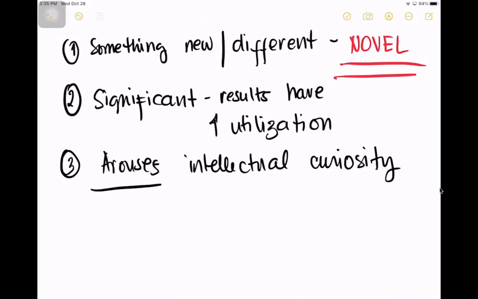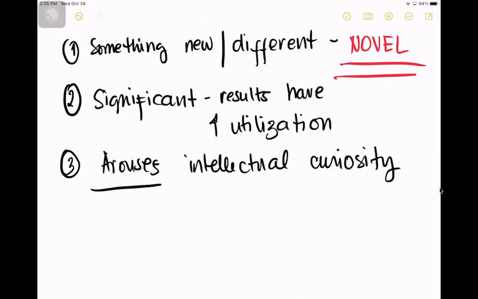But when you say it arouses your intellectual curiosity, that means when people get to see your topic or your research title, they immediately get interested because they would say, "Oh, I never knew about that," or "I never encountered something like this."